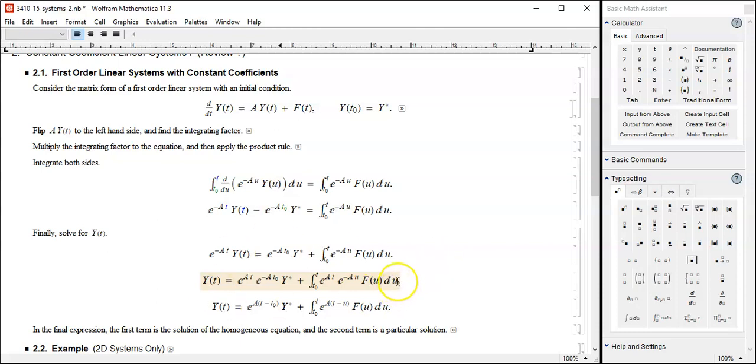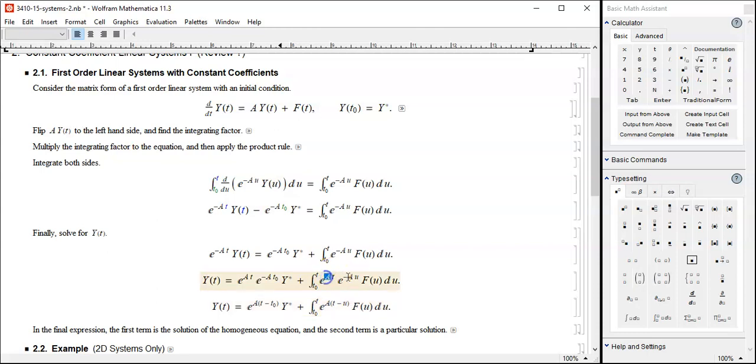This is perfectly fine, but let's go to one more simplification. You see, we have e to the At, e to the negative At, so let's use the exponent rule and combine those together into a single exponential. Can we do that? The answer is yes, because these two, A and negative A, commute. If they are not commutative, then you cannot use this exponent rule, but they are commutative, so yes, we can do that.